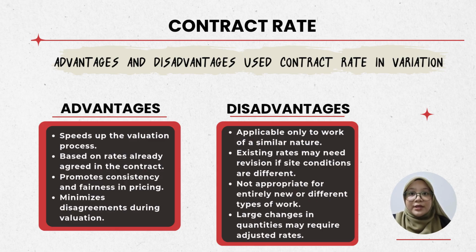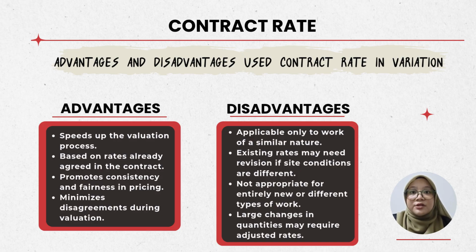Second, contract rates are based on the agreed rates in the bill of quantities. This means both the employer and the contractor are already familiar with the rates, making the valuation process more straightforward. Another advantage is that it ensures consistency, fairness, and transparency, because the same contract rates are applied, the pricing method is clear and less likely to favor either party.